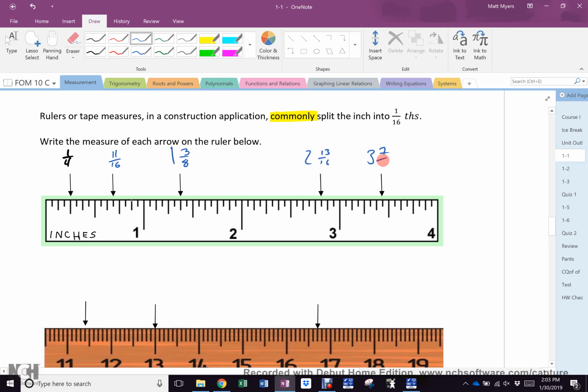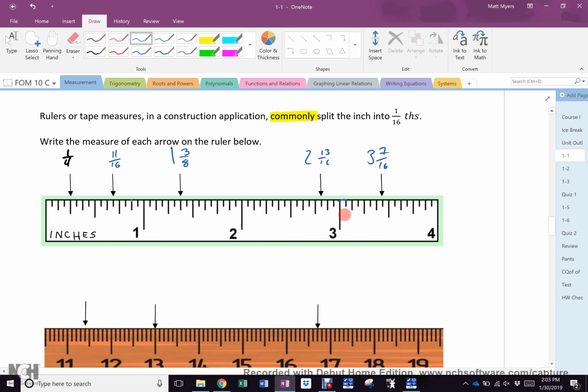3 and 7/16. Can everybody do that? Now, you have a choice. You could actually count the little spots. 1, 2, 3, 4, 5, 6, 7. But you don't have to do that if you know, Sage. Why do you not have to count the 7?